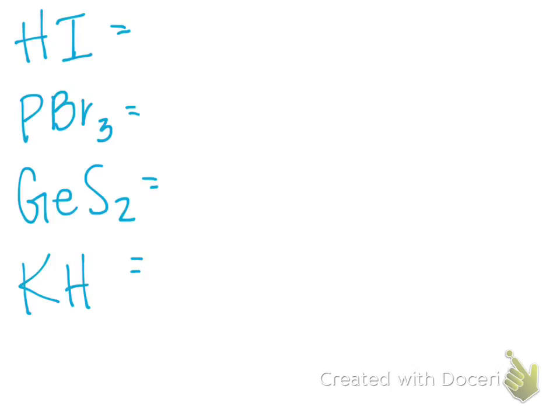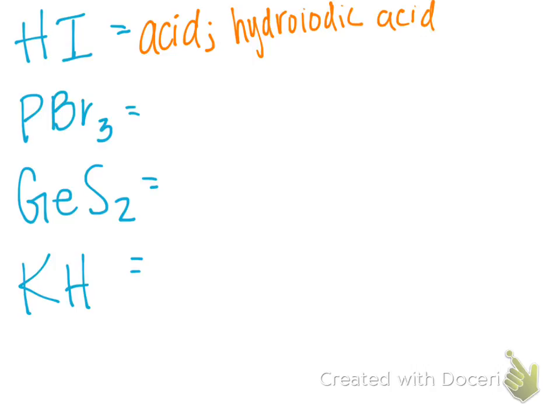Okay, so we got 4 up here. It's an acid, good. Do I have a volunteer for giving me the name of that? Jaden, what do you think? Hydroiodic acid. Perfect. Good, I know we went through that one before.